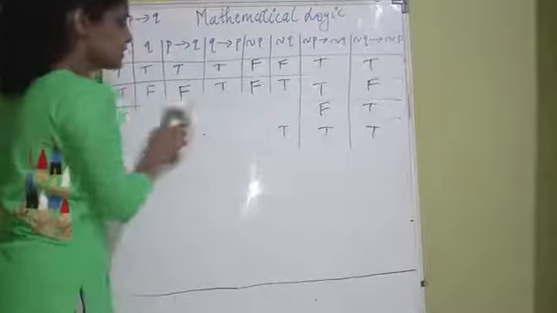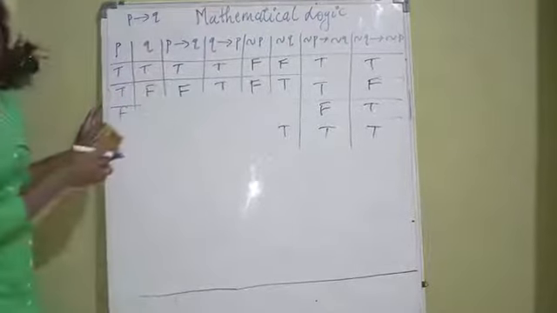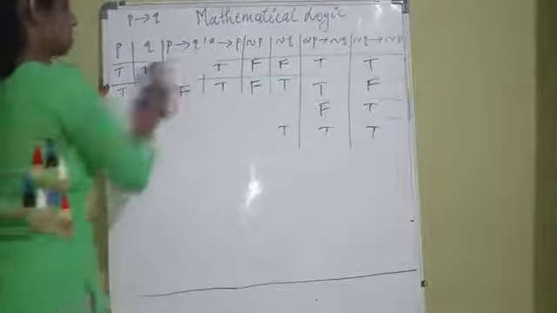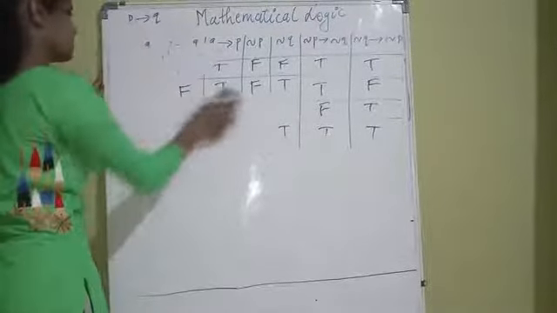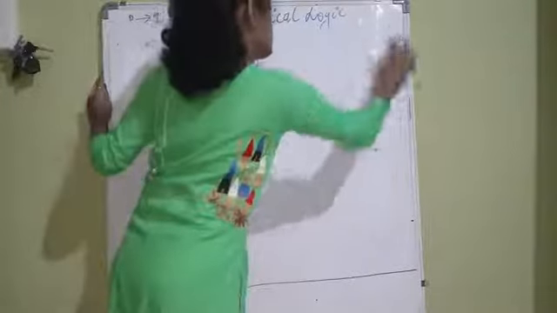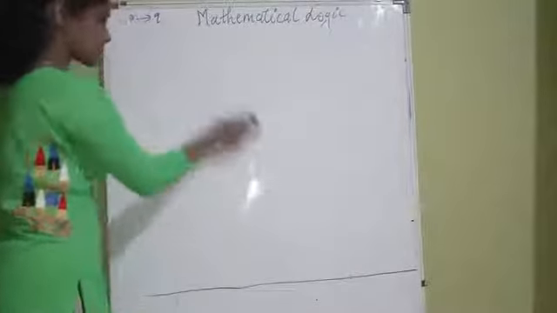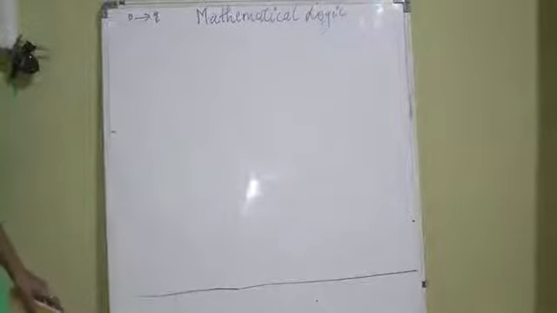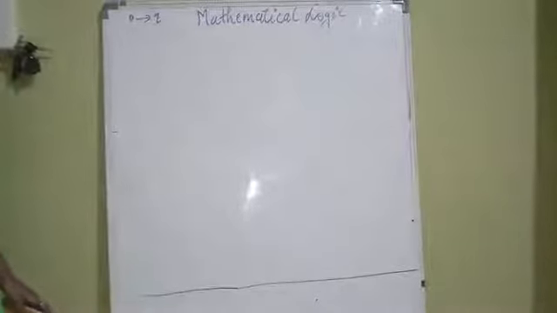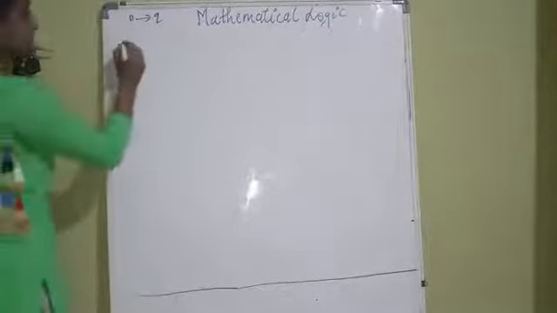So next we will see the examples. Some theoretical examples we will see. First example is: if two triangles are congruent, then they are similar.